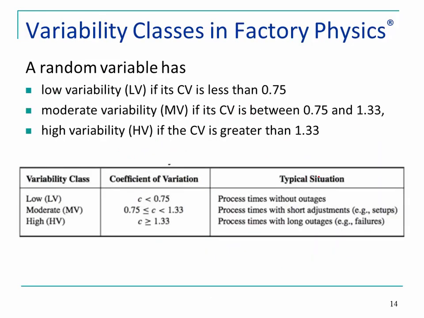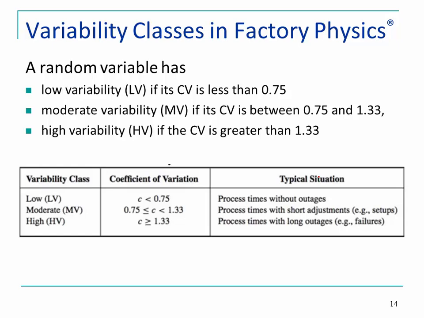Okay, so if you compute this coefficient of variation, a random variable has low variability if the coefficient of variation is less than 0.75, then you end up having a low variability process.